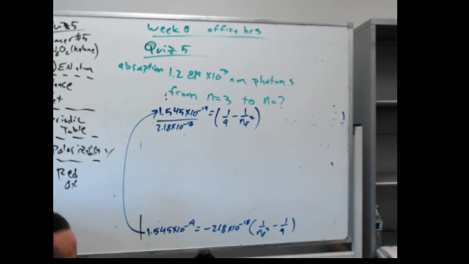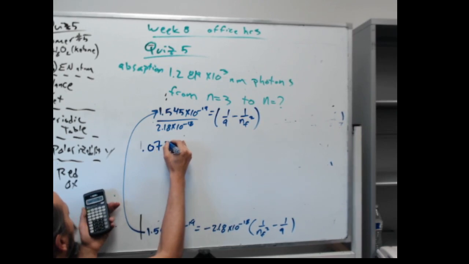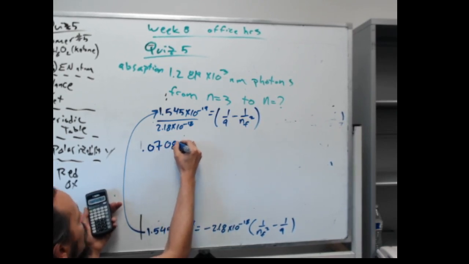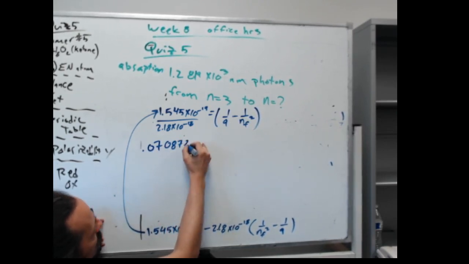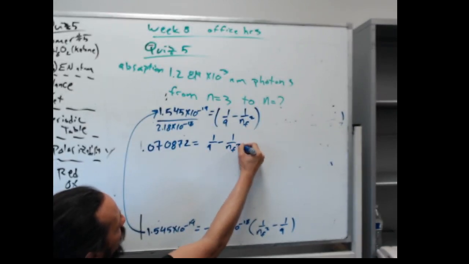Let's do this real quick. 1.545 times 10 to the minus 19 divided by 2.18 times 10 to the minus 18. And this gets me 0.070872 is equal to 1/9 minus 1 over n final squared.